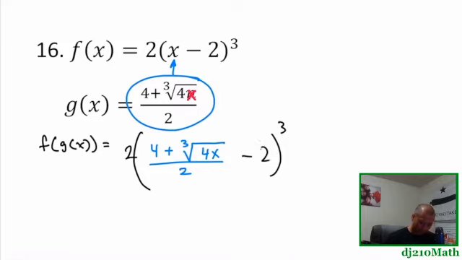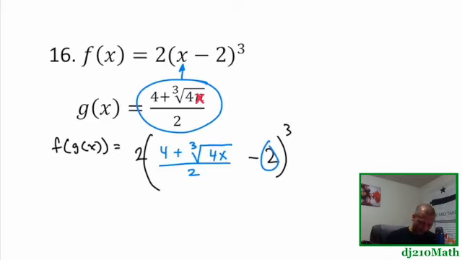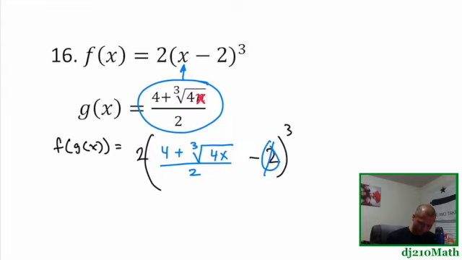So I'm going to combine these two together. So I need a common denominator. Common denominator is going to be 2. So 2 is really 4 over 2. Right, that's the same as 2.